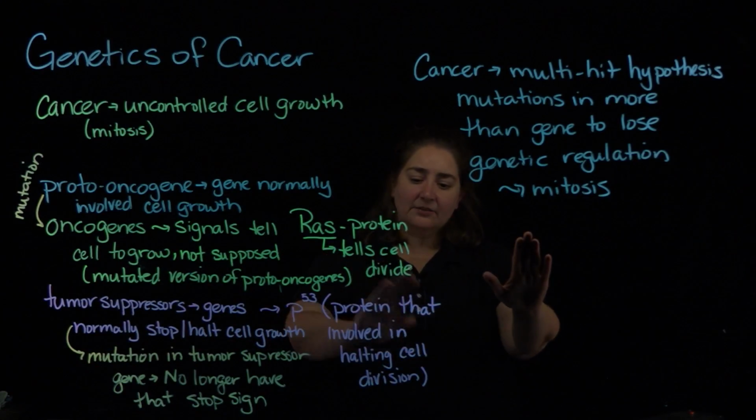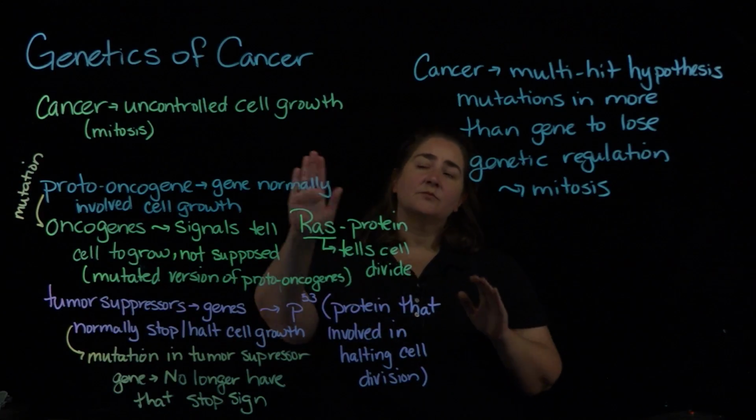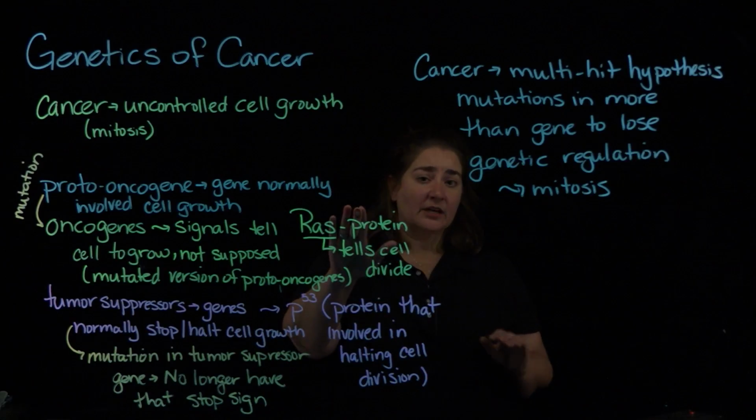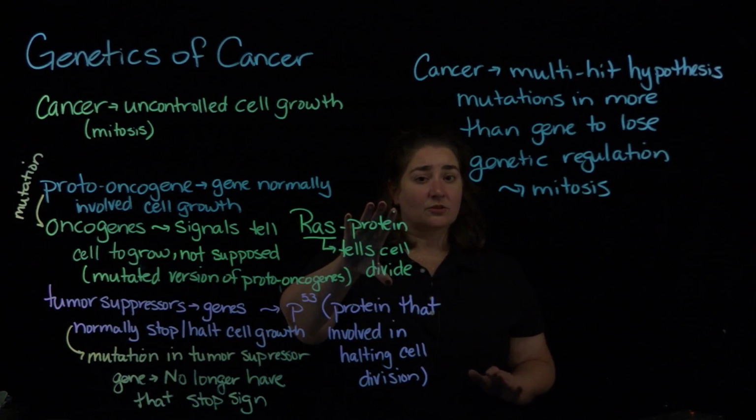Step down on the accelerator, but if we've got an active tumor suppressor, that's going to stop things, prevent the cells from growing out of control. But if we've got an accelerator going and we no longer have our brakes, those cells are going to start to divide out of control. Okay?